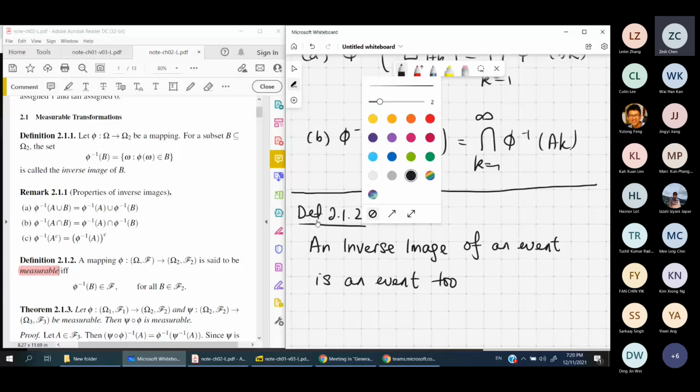First of all, we have an event. B is an event. So you take the inverse process.